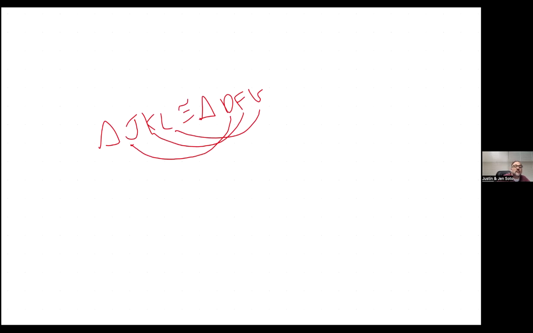Because they told you they're congruent, they're also implying that this angle and this angle match each other. Okay, so that being said, JK connects to DF. So JK is congruent to DF. KL connects to FG.